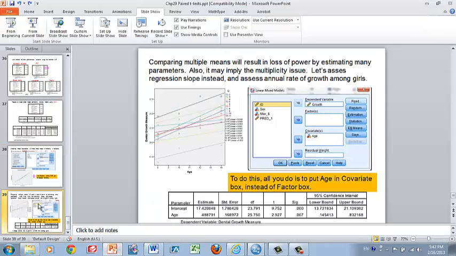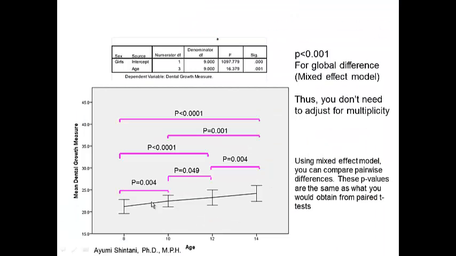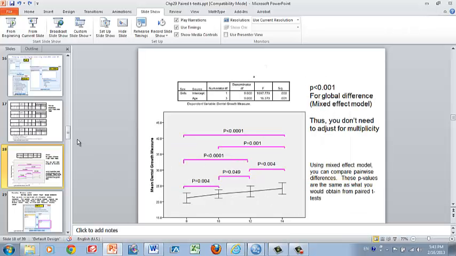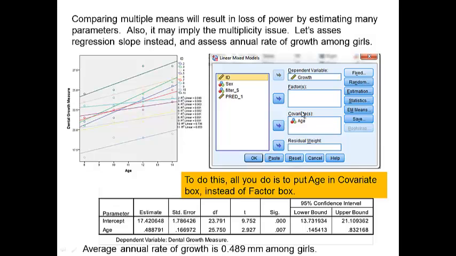In fact, this plot shows the mean growth measurement at each different time point, age. If you think it's okay to put a straight line over these different ages, you may want to model age as a continuous variable.